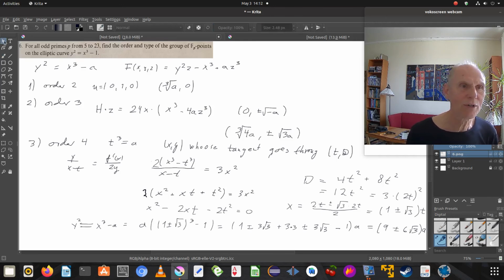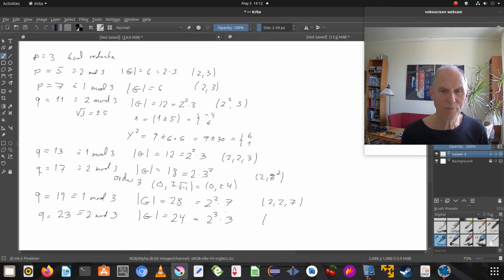Actually, when I look at this, it seems it was 23, so it's 2 modulo 3. So x maps to x to the third is 1 to 1. That means we have only one point of exact order 2. Therefore, it must be 8. The type must be 2 to the third, 0.3. And that means we have a generator of order 8.